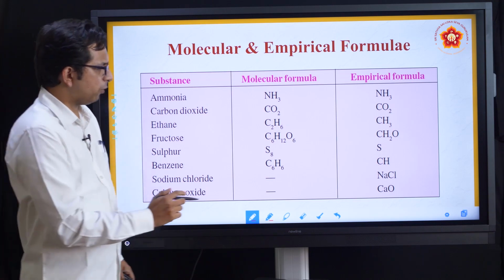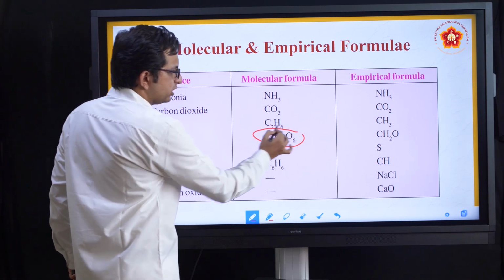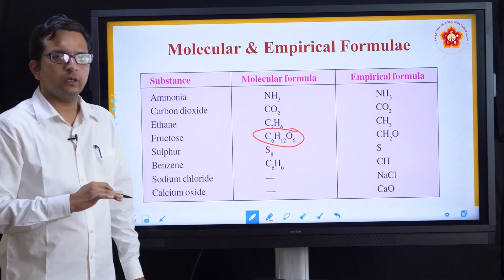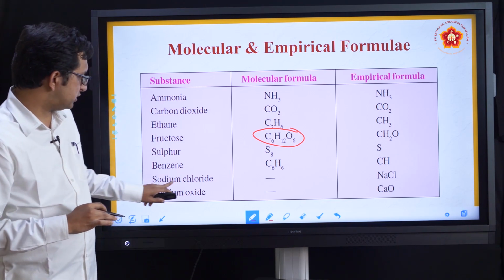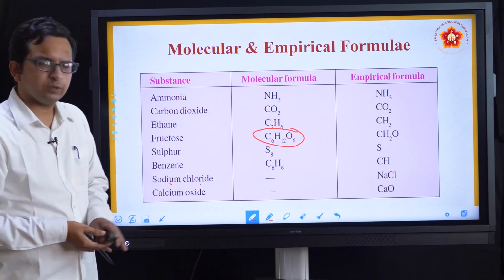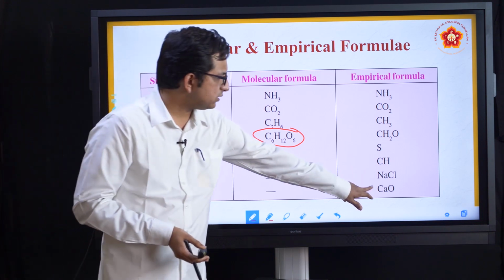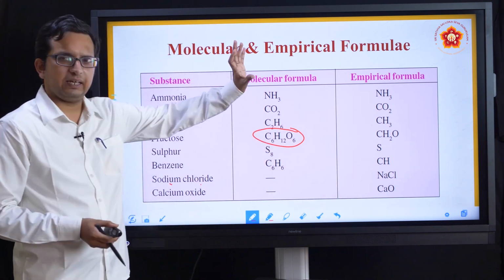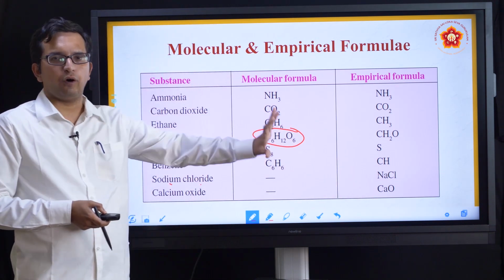Whereas organic compounds combine according to their stable formulations. Sodium chloride, calcium oxide, NaCl, CaO, are present exactly as their empirical formula.